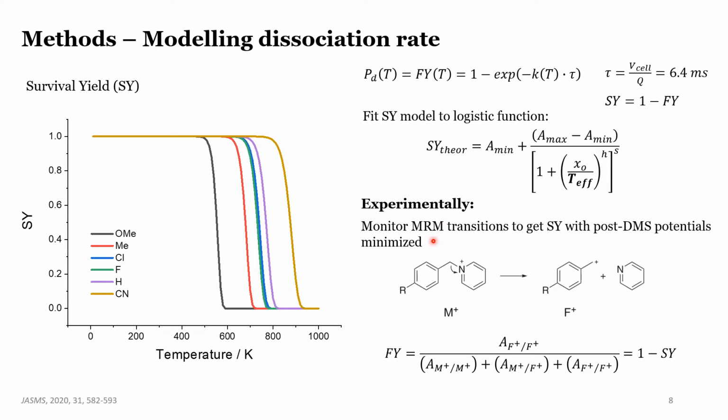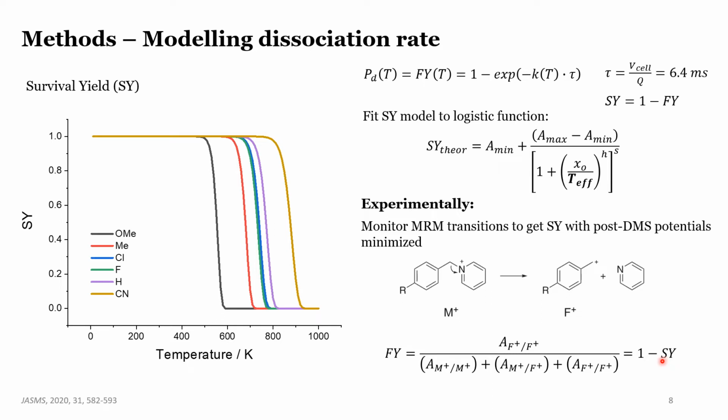Experimentally, evaluating the survival yield can be done by monitoring MRM transitions. We are essentially looking at 3 MRM transitions for each benzylpyridinium species, which correspond to the parent-parent, parent-fragment, and fragment-fragment MRM transitions. The fragmentation yield, and hence the survival yield, is calculated from the peak areas corresponding to each transition.